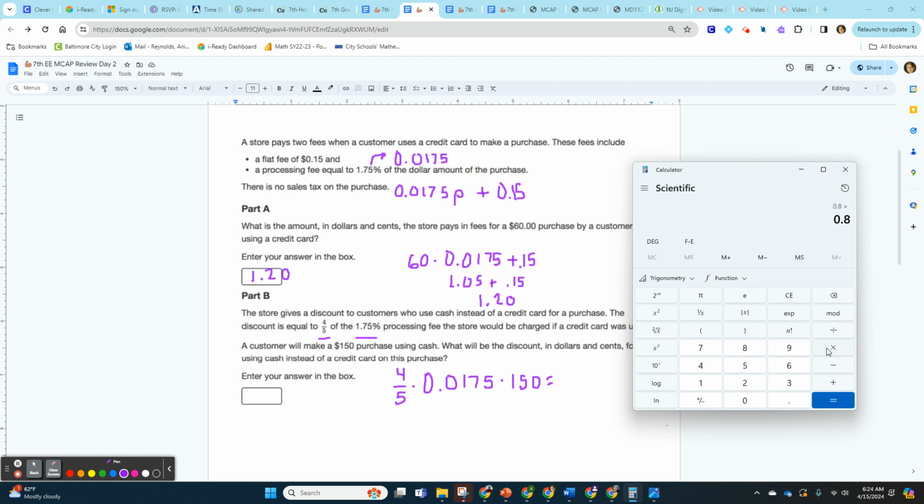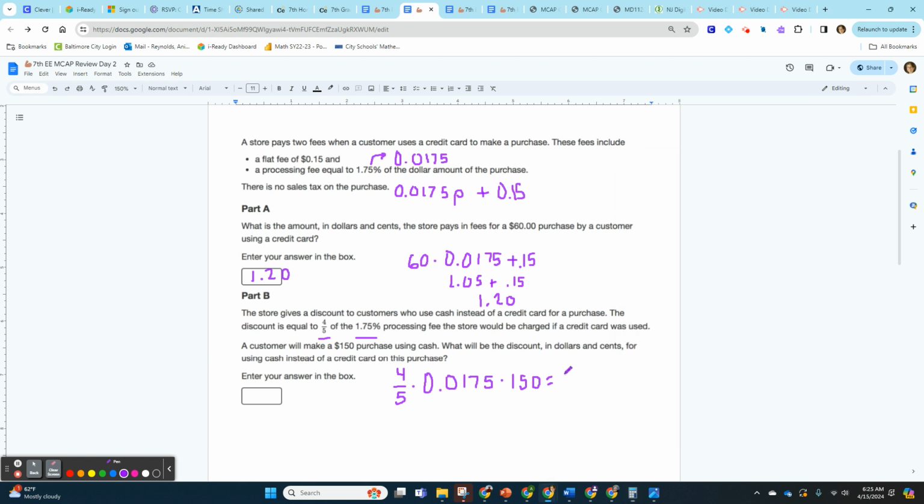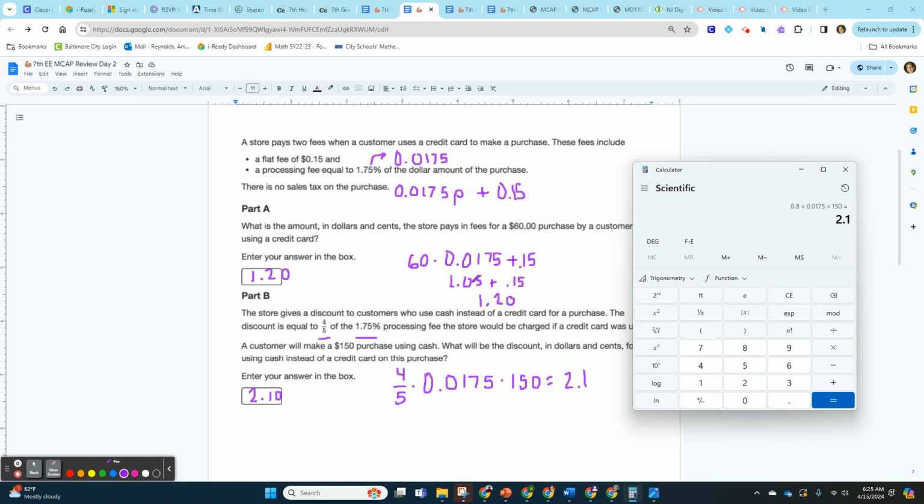So 0.8 times 0.0175 times 150. So 2.1 or $2.10. And again, that's a reasonable number. You need to be careful when you're using a calculator, when there's decimals and stuff, make sure you put the right numbers in and make sure your answer is reasonable.